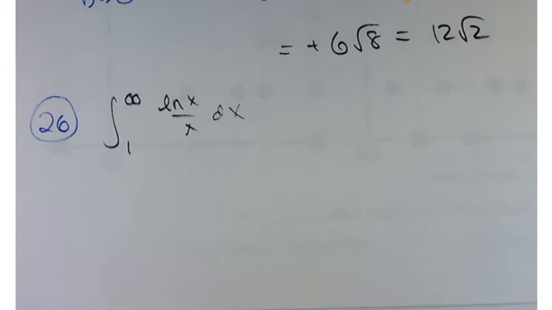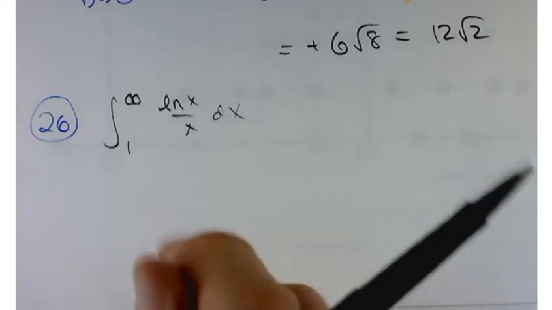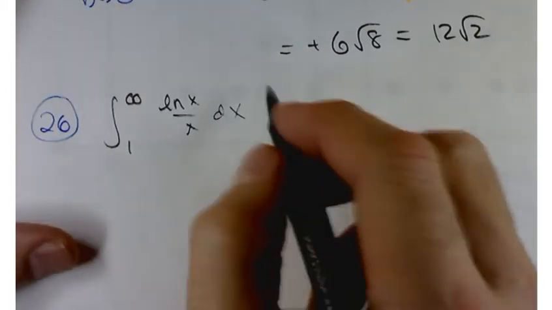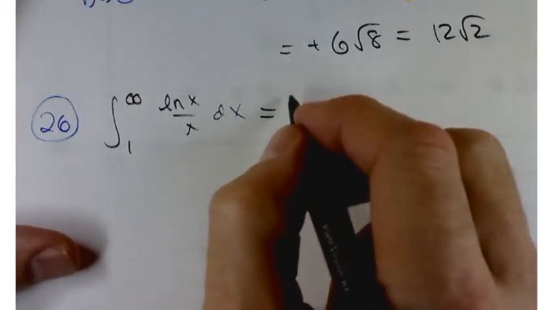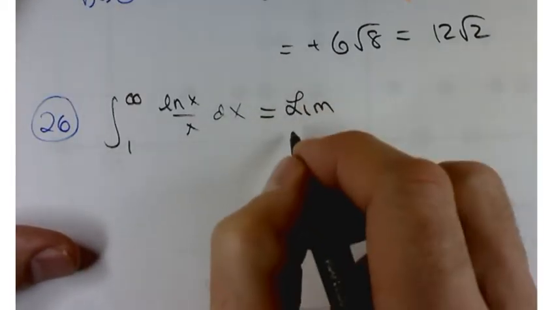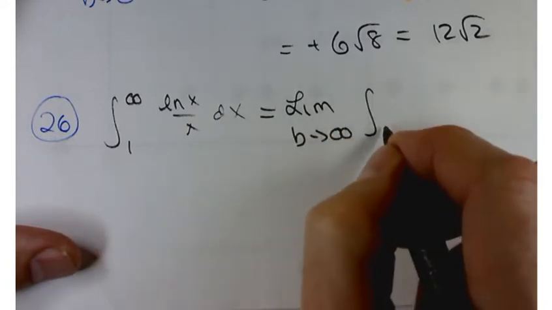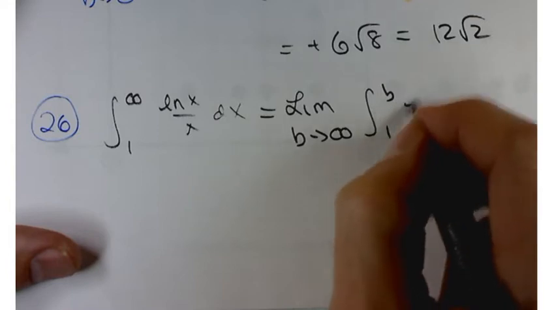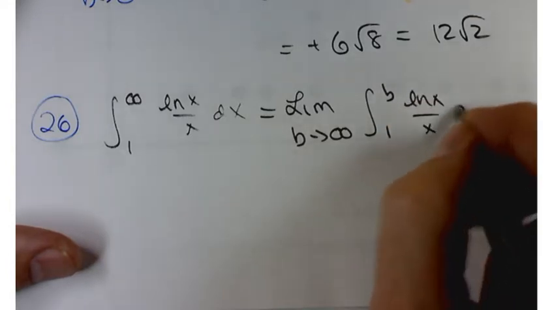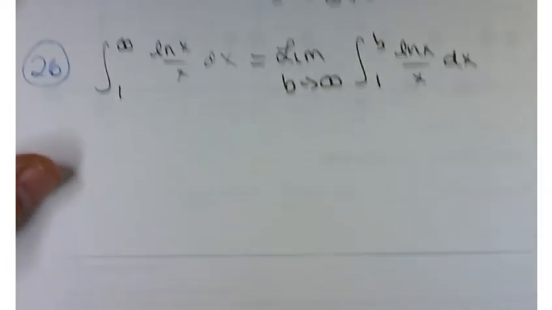And the challenge, in addition to the improper integral, is trying to figure out how to integrate this thing. So I'll start out by rewriting this as a limit as b approaches infinity of the integral from 1 to b of ln of x over x dx.